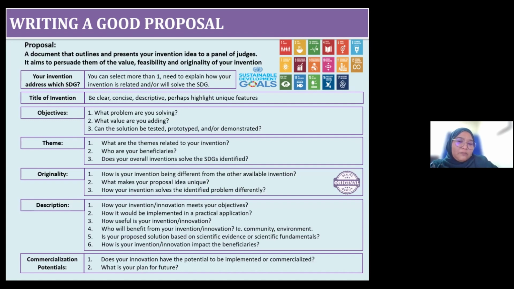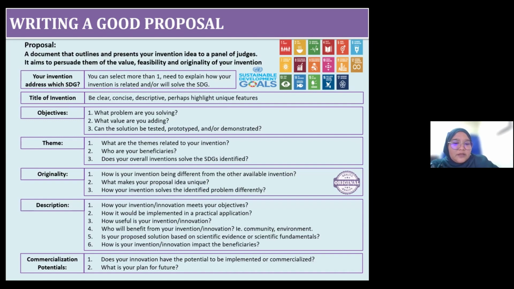You remember just now you already spelled out who your beneficiaries are, your target population or target community, your potential customer, potential user. So you're seeing the impact of your product or innovation, and you have to spell out in the description how useful your innovation or invention is.